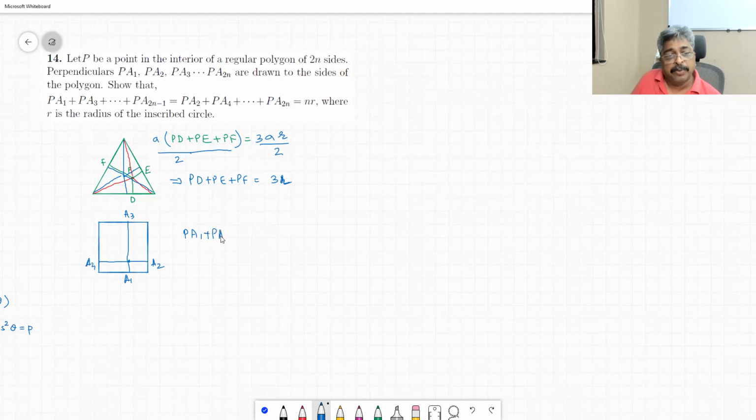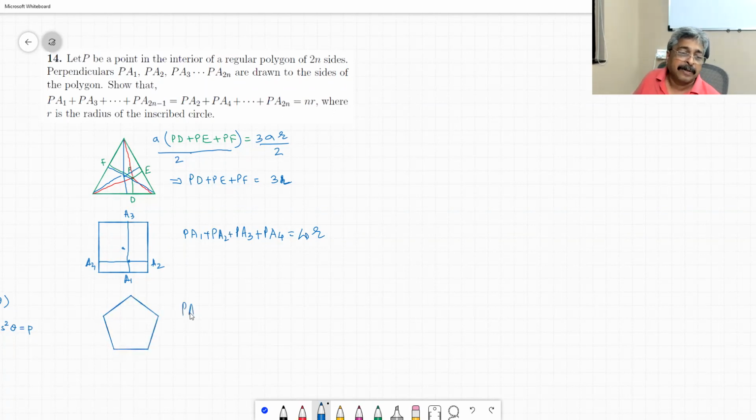PA1 plus PA2 plus PA3 plus PA4 would be converted into 4 triangles, and again by joining the incenter with the vertices you get 4 congruent triangles, so it is equal to 4R. Is it true? Yes. Will it be true for a regular pentagon? Of course, yes, it will be true.